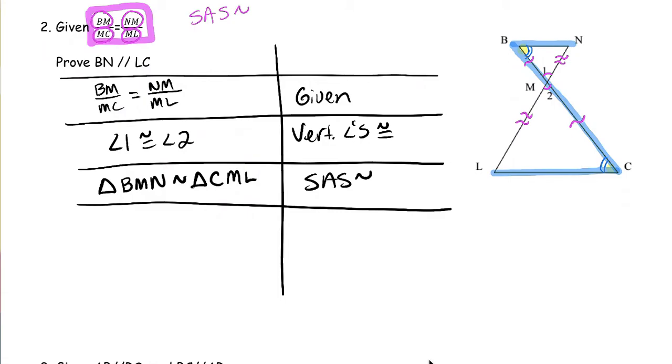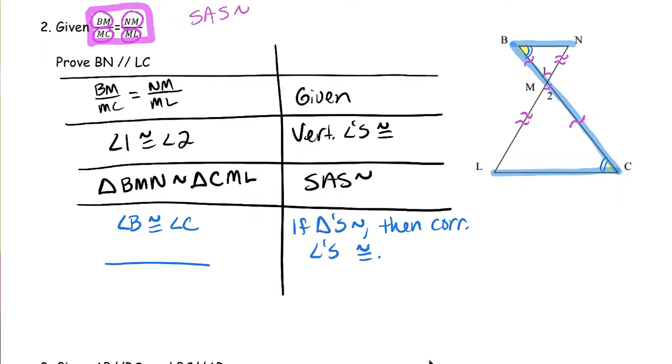So my next statement in the proof is going to be to talk about the angle pair I would like to use, and to say if triangles similar, then corresponding angles are congruent. And now we're going to use that congruent pair of angles to prove that the lines are parallel.